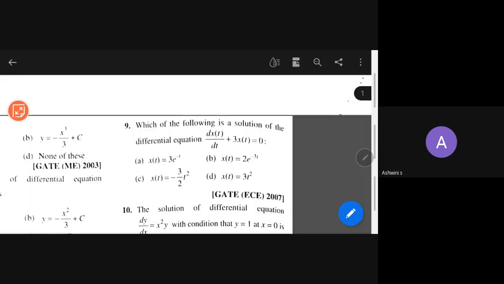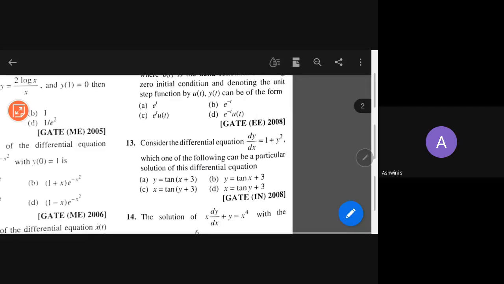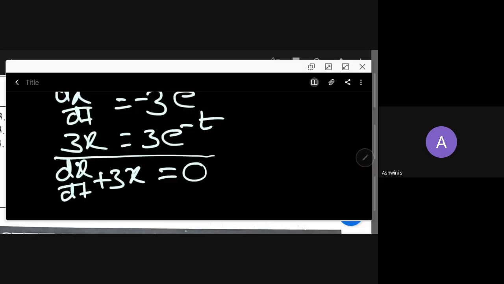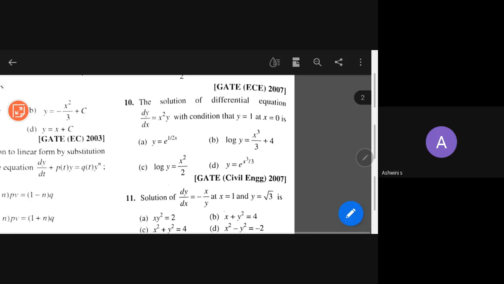A is the answer here. So the 9th answer is A. The key says the 9th answer is B, but we are getting A here. Some errors are there, we need to look into that. Yes, e power minus 3t is correct, so A is correct here.